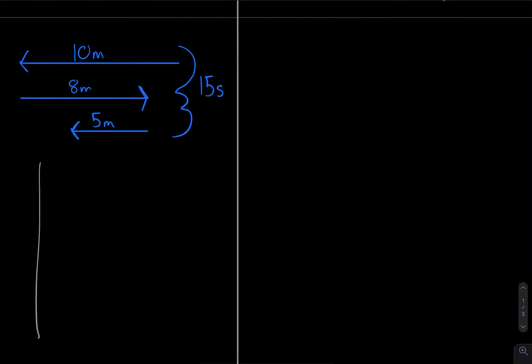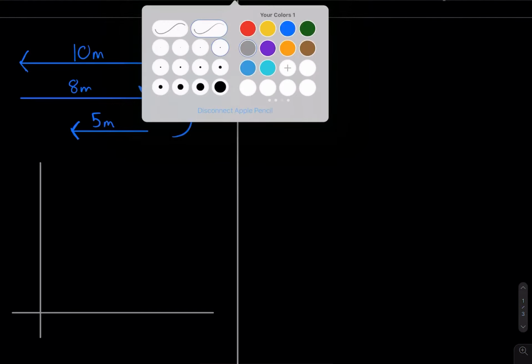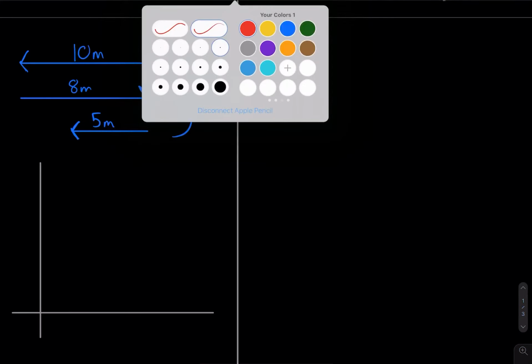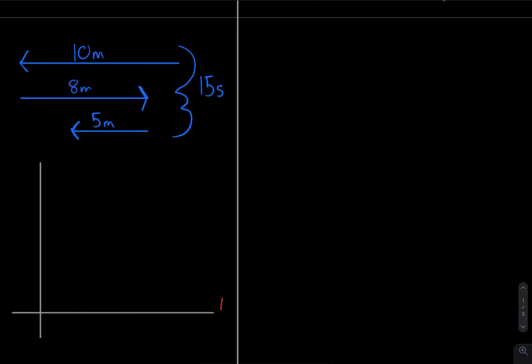An axis here and here. And so normally in math, we're used to seeing the x labeled down here and the y right here. But here, that's not the relationship we're interested in. What we're interested in is the horizontal position versus time. So I'm going to put time down here, and I'm going to put position in the vertical.